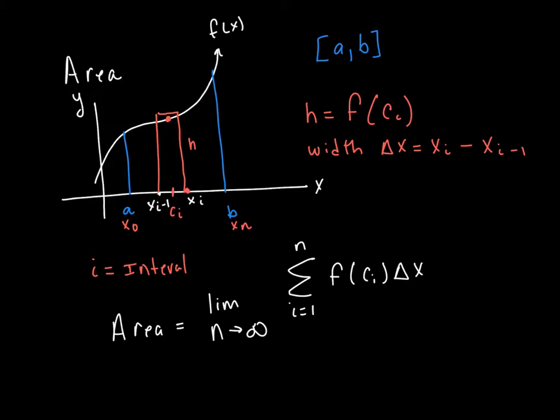Now, before we actually use the summation, there are some things with the summation formulas we need to briefly review. One: if I have the summation from i equals 1 to n of any constant C, that's just going to equal C times n.